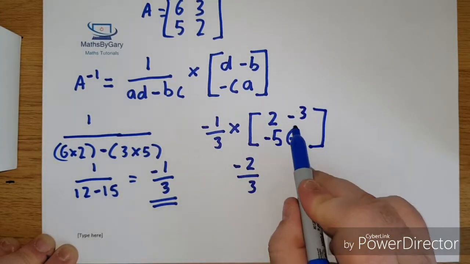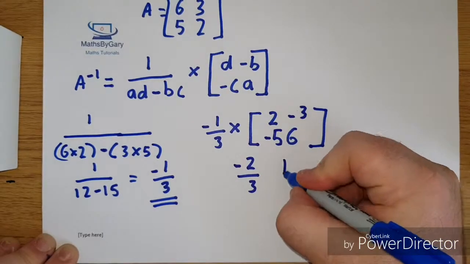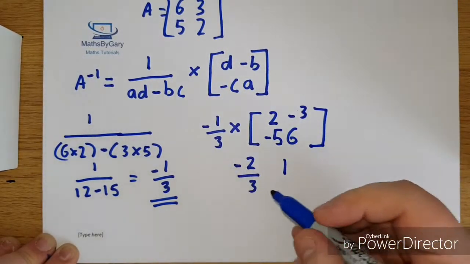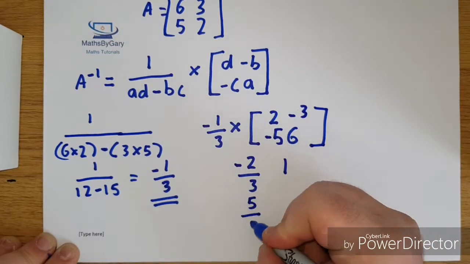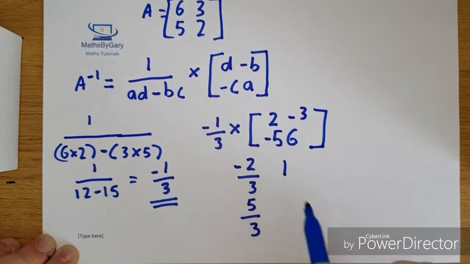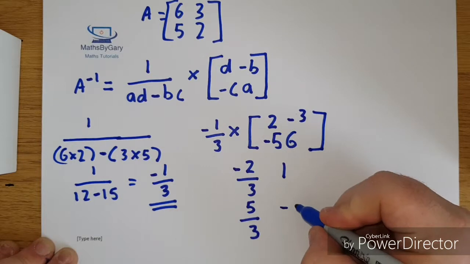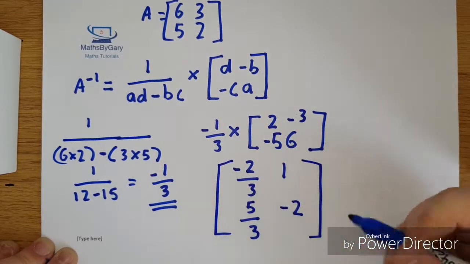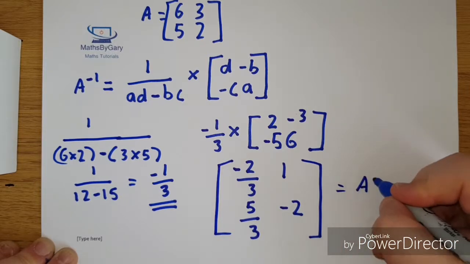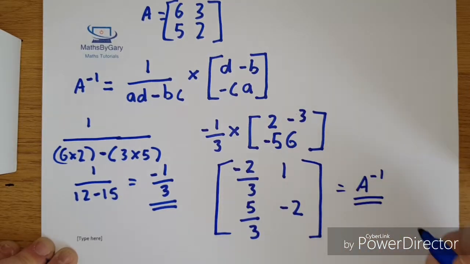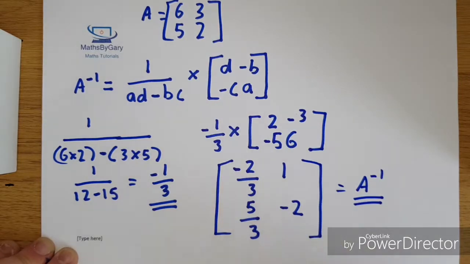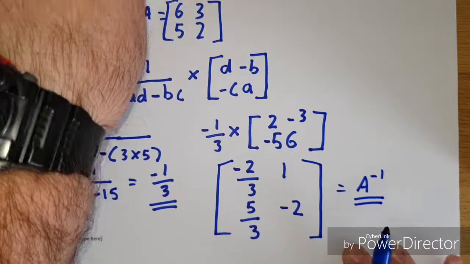Minus 1 over 3 times minus 3 gives us positive 1. Minus 1 over 3 times minus 5 gives us positive 5 over 3. Minus 1/3 times 6 will give us minus 2. And that's us already worked out A to the minus 1. So the inverse of matrix A is minus 2 over 3, 1, 5 over 3 and minus 2.